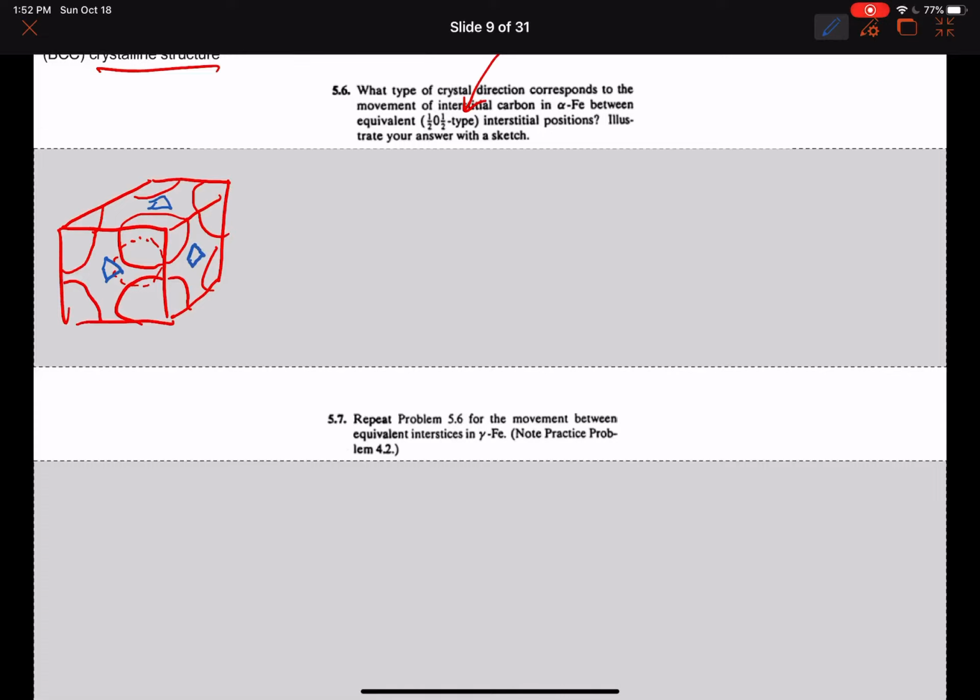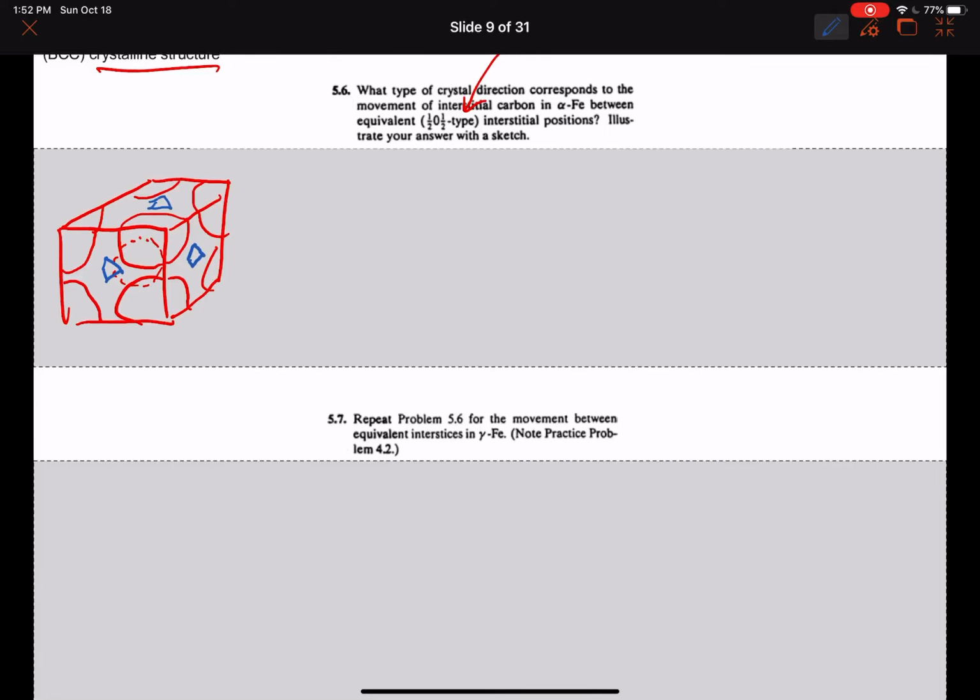And this is asking us to think about the movement of a carbon atom in one of these interstitial sites to another neighboring interstitial site, and to draw a vector and think about the Miller indices to show that vector, that movement of the carbon atom from interstitial site to other interstitial sites.